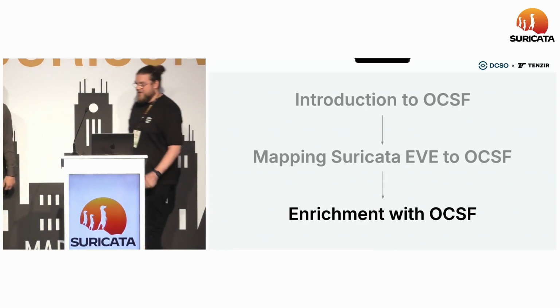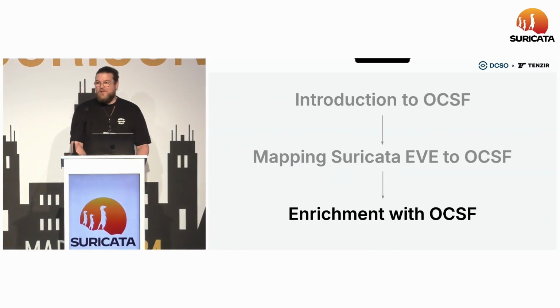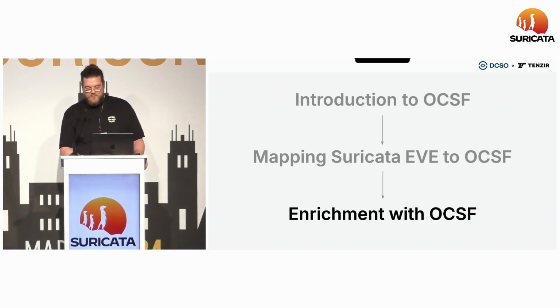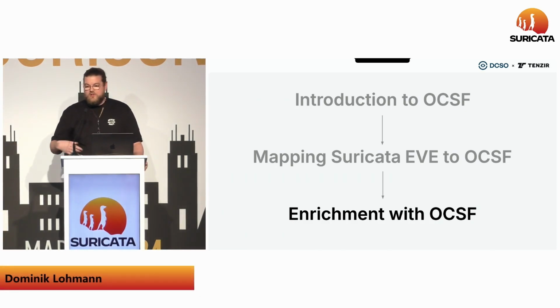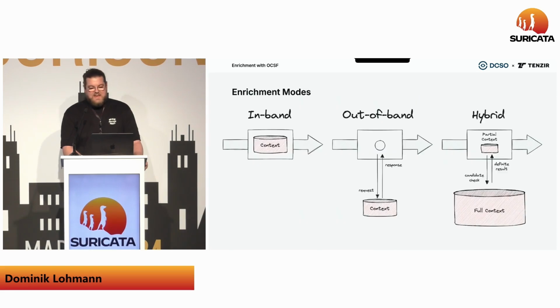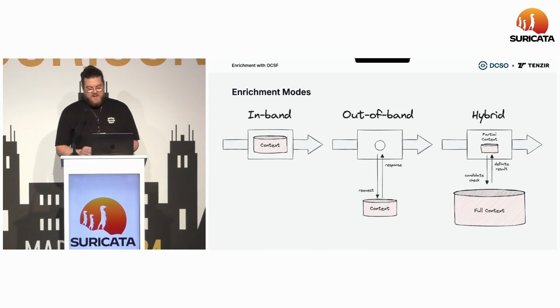Right. Thank you, Matthias. So yeah, we've heard a lot about enrichment already during SuriCon. We want to do enrichment in Tenzir with Suricata data mapped to OCSF. In general, there are three kinds of enrichments that you can make.